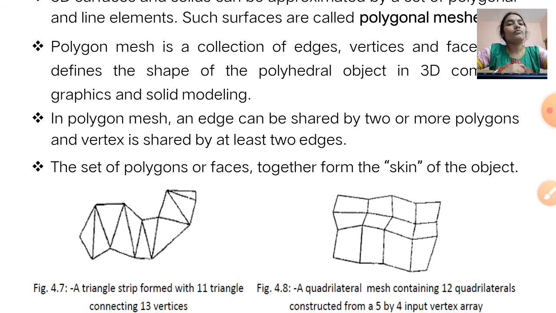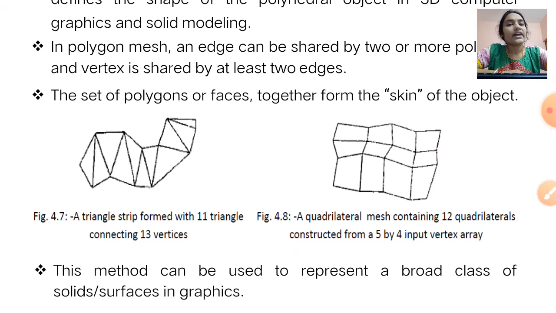The set of polygons or faces together form the skin of the object. That means one side, one surface of the object. Polygon meshes can be represented in a triangular form, and also in a quadrilateral form.